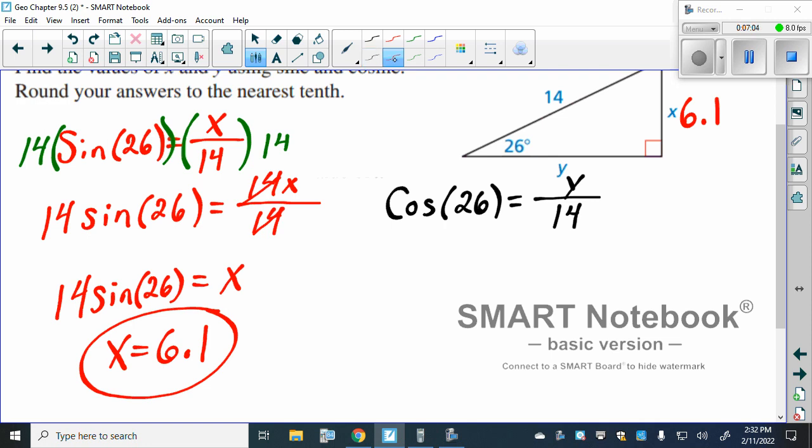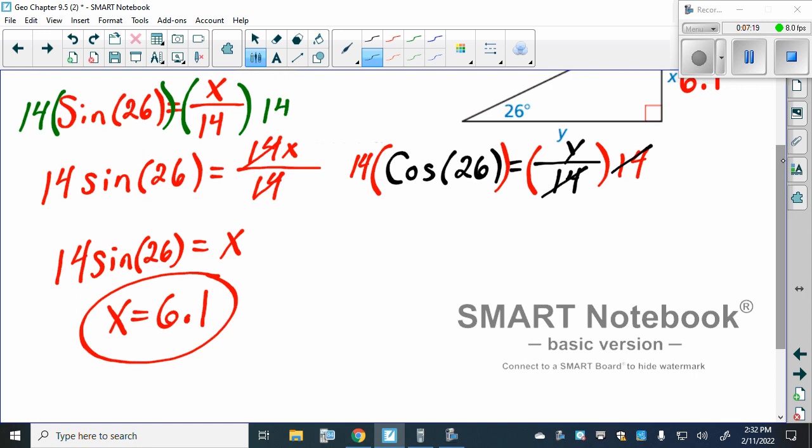Again, at this point we can multiply both sides by 14. The reason we're doing this is so that the 14 here and the 14 here will cancel out, giving us y by itself is equal to 14 cosine of 26.